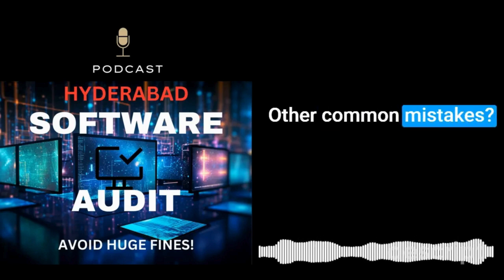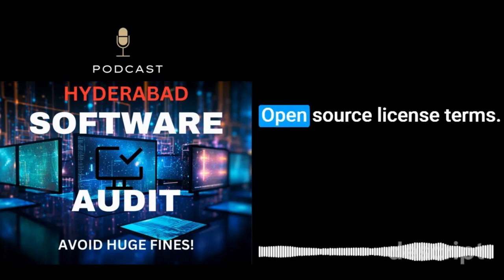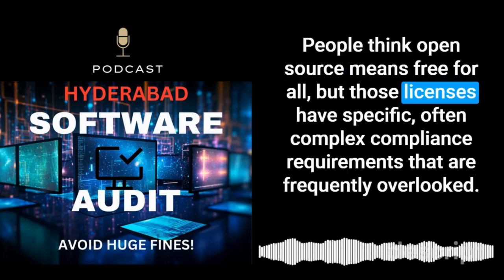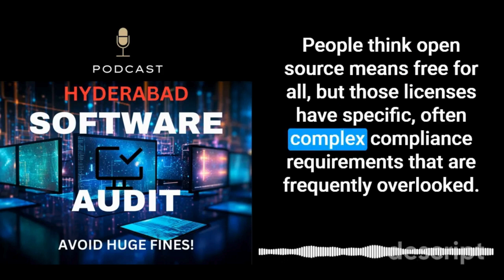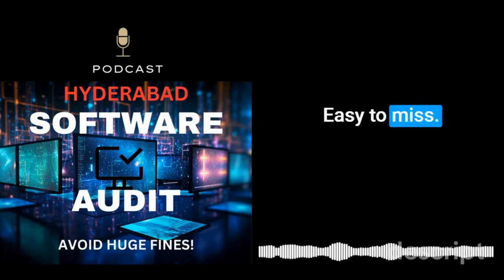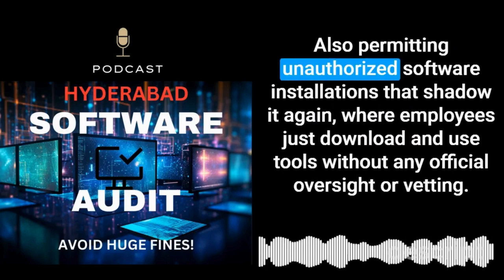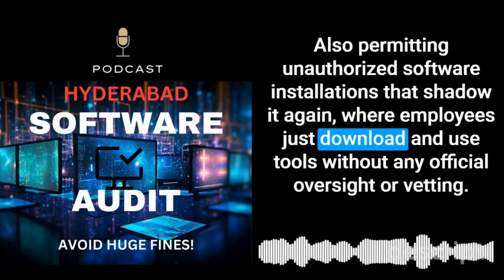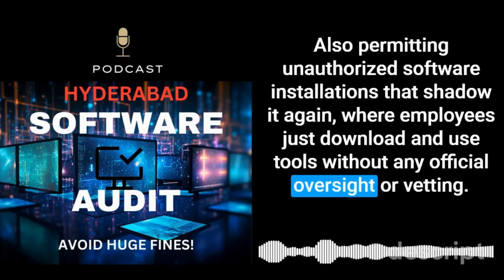Exactly. Other common mistakes, definitely misunderstanding open source license terms. People think open source means free for all, but those licenses have specific, often complex compliance requirements that are frequently overlooked. That's a good point. Easy to miss. Very easy. Also, permitting unauthorized software installations, that shadow IT again, where employees just download and use tools without any official oversight or vetting.